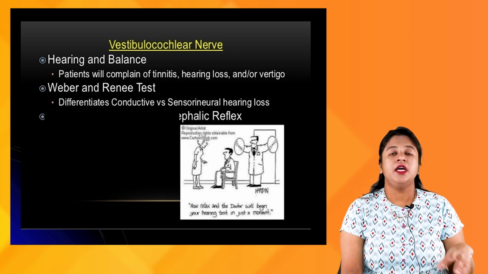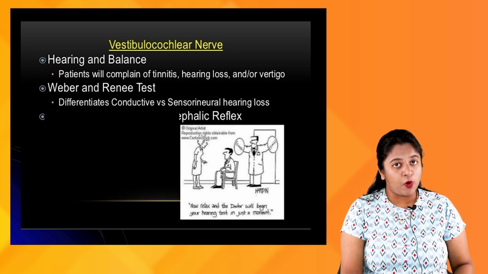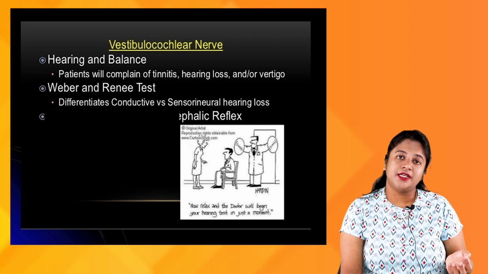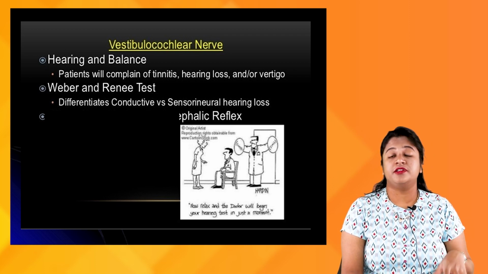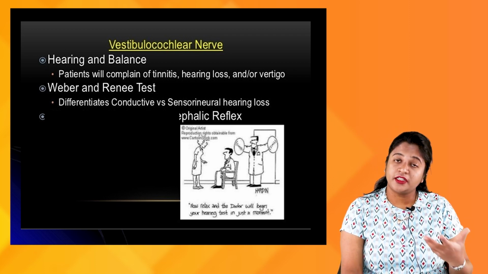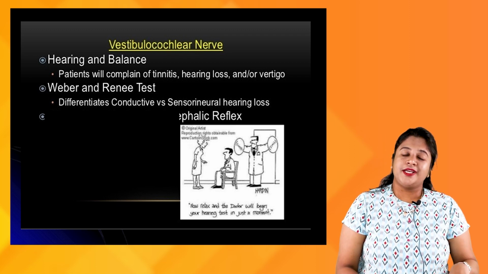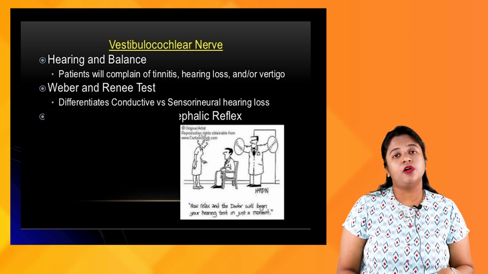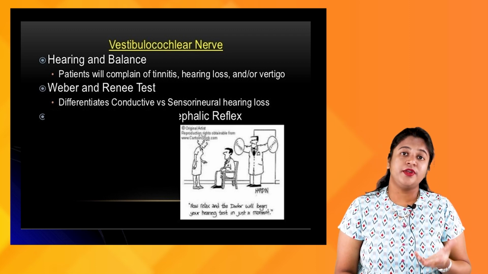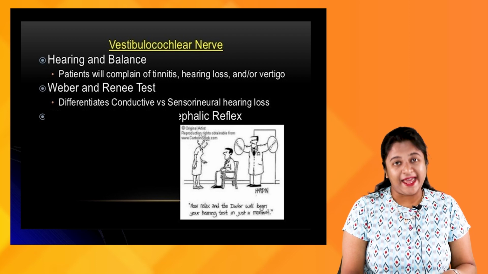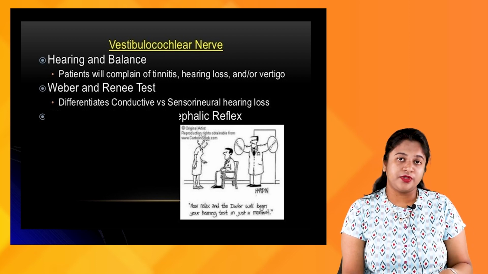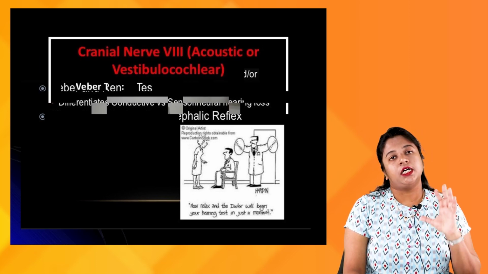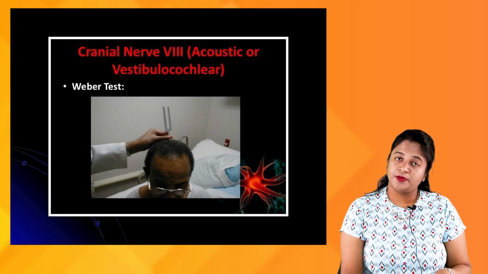You're going to find out the air conduction as well as the bone conduction to find out the sensorineural hearing loss or the conductive hearing loss. We're going to do the assessment of hearing and balance, whether the patient is having any kind of hearing loss, if the patient is having the vertigo in terms of the balance, right? So this is what you're going to do in the assessment of the eighth cranial nerve, which is the vestibulocochlear nerve.